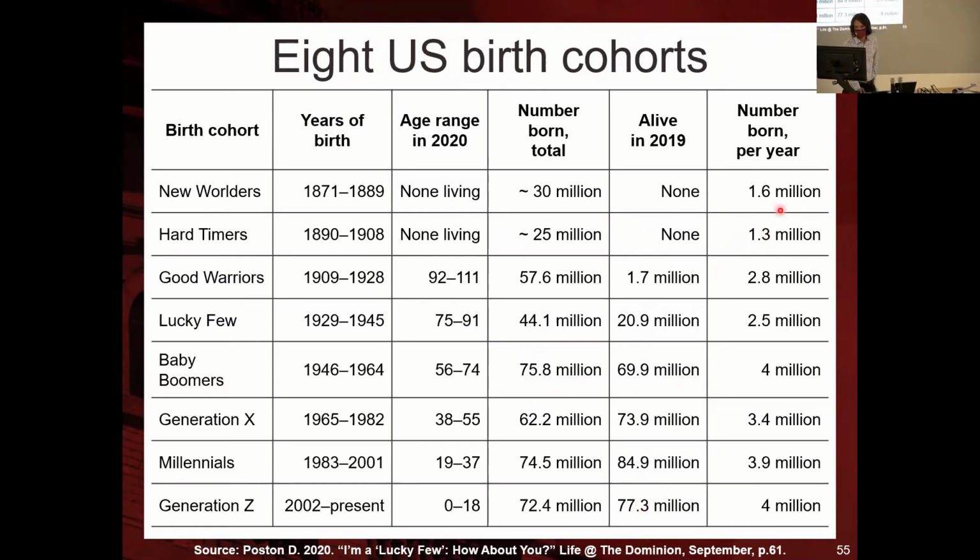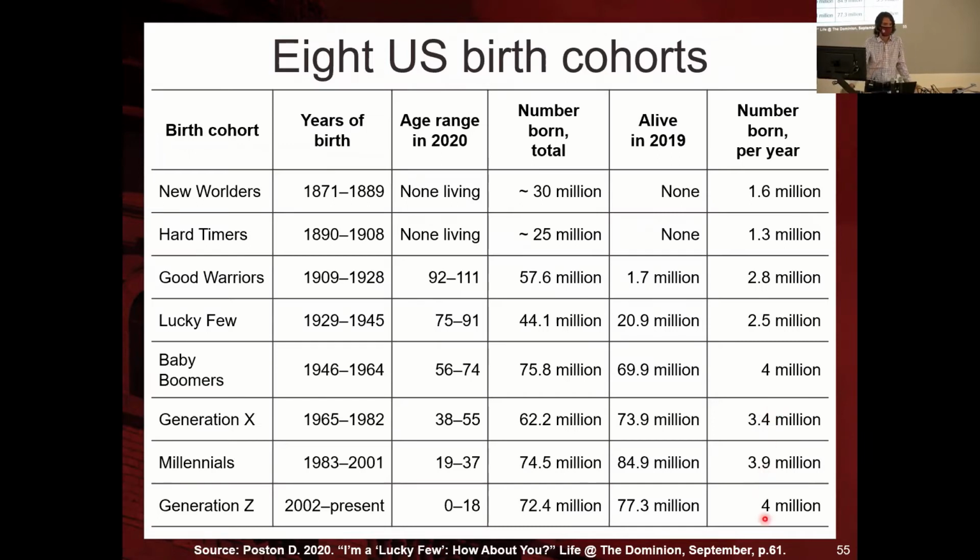And this is pretty much the number born per year, which again shows that the baby boomers increased a lot the number of people born. And once you have more people being born in the baby boom cohort, that has an effect on future generations, because now you have more women and men in absolute terms that will have children in the upcoming generations. Okay.